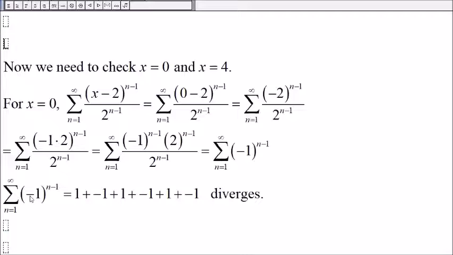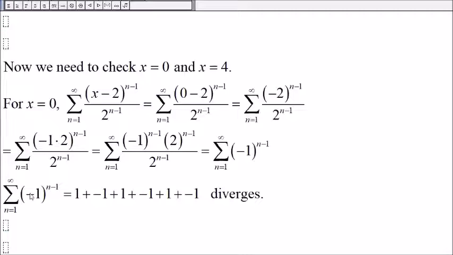In this summation, when n is 1, we get 1 minus 1, which is 0, and -1 to the 0 is just 1. When n is 2, this is 2 minus 1, which is 1, so -1 to the first is -1. When n is 3, we get 3 minus 1 is 2, and -1 squared is 1.